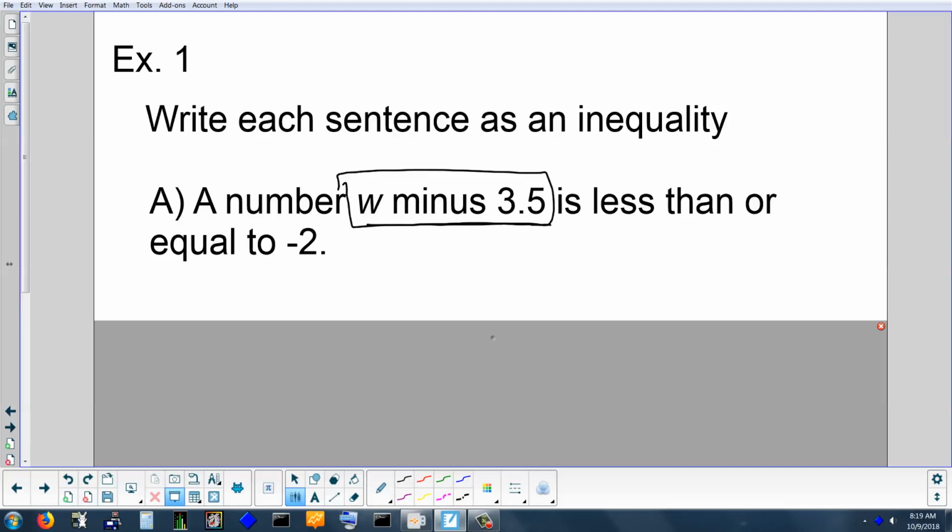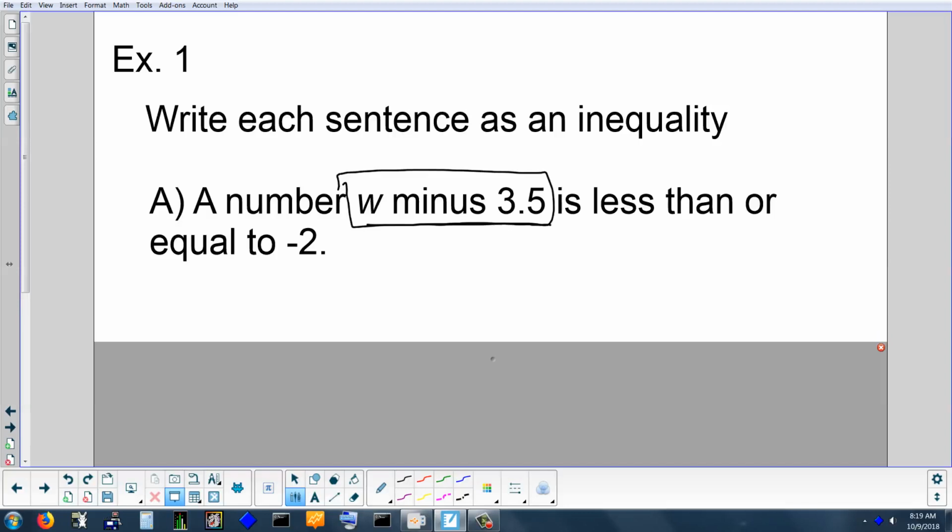W minus 3.5. Yep, Ellie? W is greater than 3.5? Or would it be less than 3.5? We're not going to see that symbol till later on. Oh, okay. So this first part doesn't use a less than or a greater than, that part in the box.